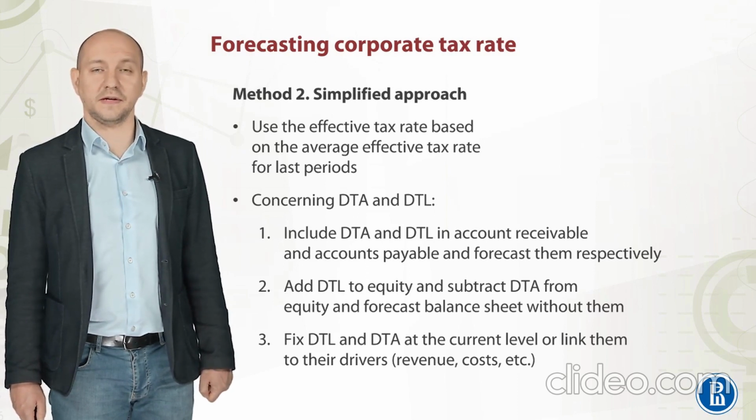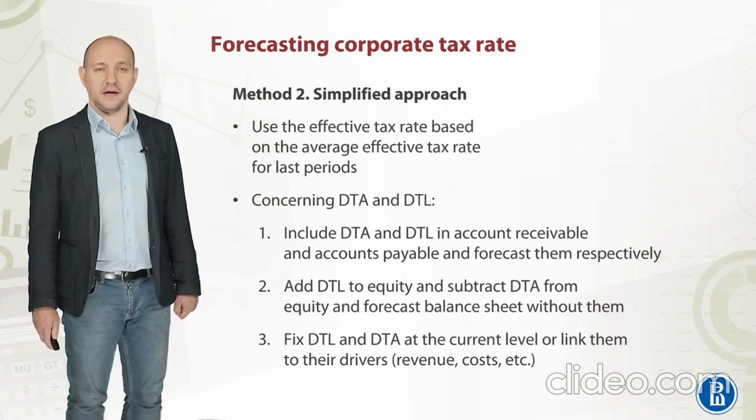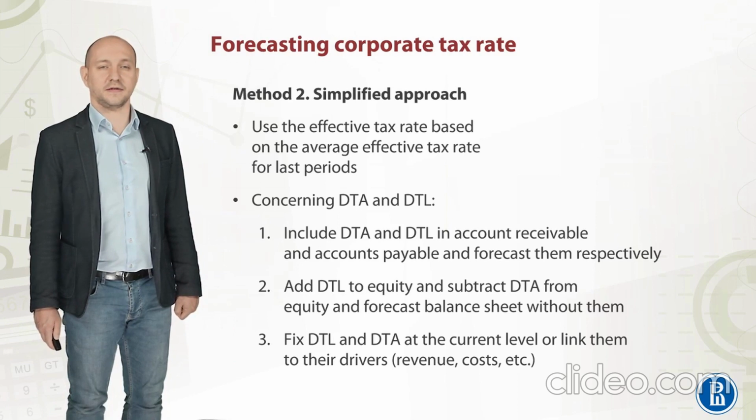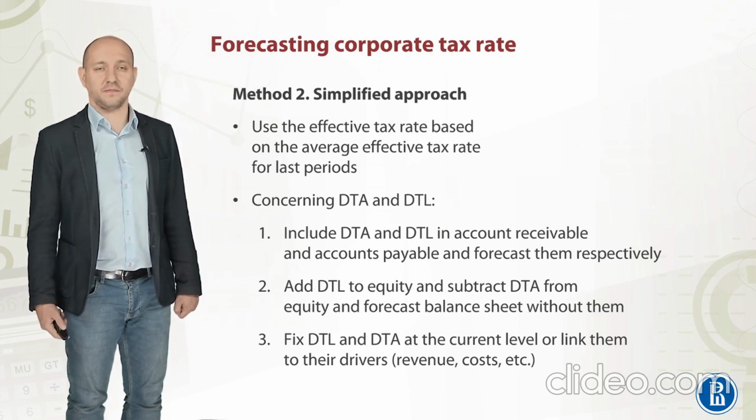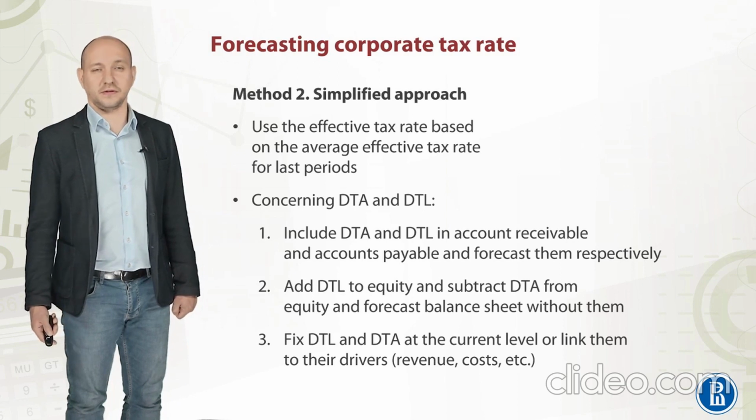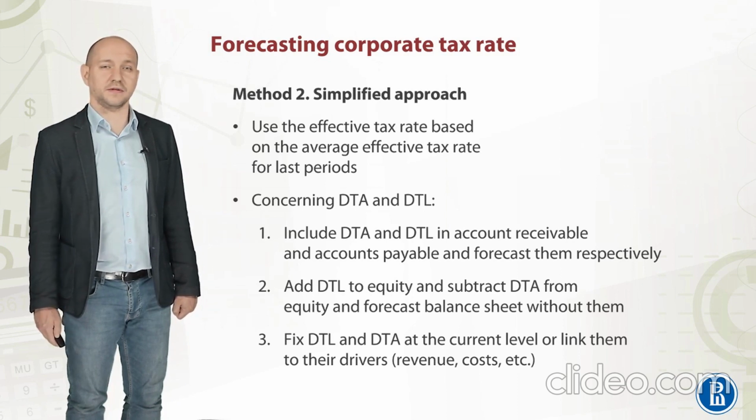So you use the effective tax rate based on the average effective tax rate for the last periods, and then concerning deferred tax assets and deferred tax liabilities, you can use any of the methods that I have listed here. The first method is that you include deferred tax assets and deferred tax liabilities in accounts receivable and accounts payable respectively, and forecast them for future periods.